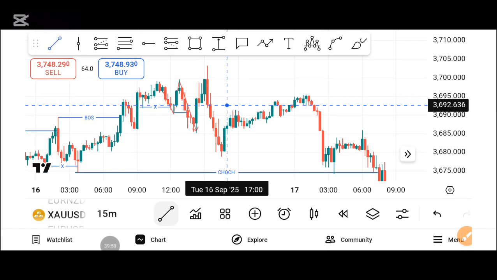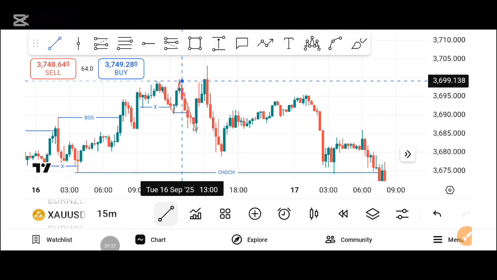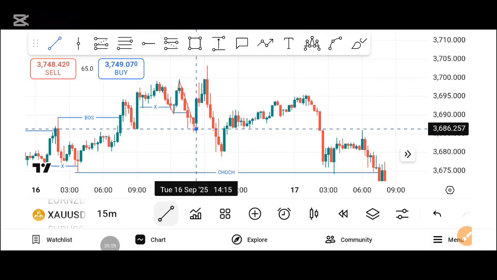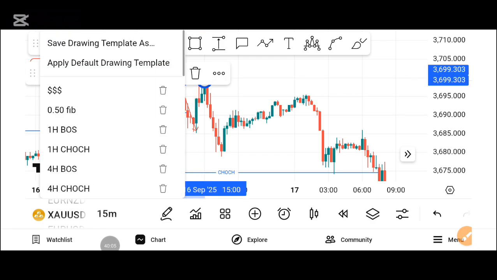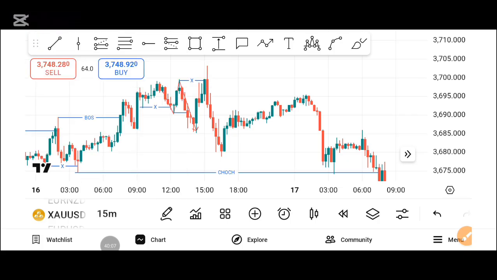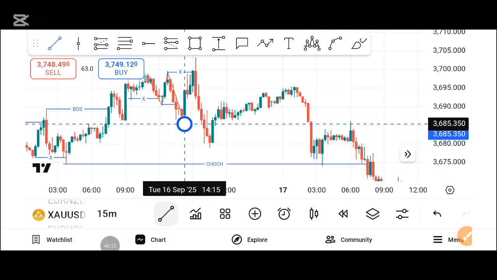So where is the recent high? This is our lower low, lower high, lower low. So where is our inducement? This now becomes our inducement, and price broke this point here.